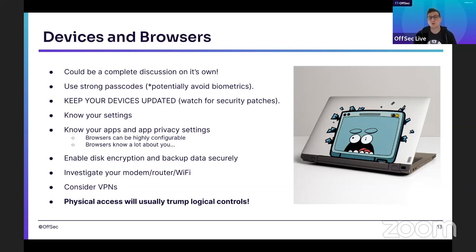Another one is you want to know your settings. These phones are incredibly complex now. There's pages and pages of settings. Sometimes it's worth just scrolling through and seeing what was added. What devices will share your privacy? What devices share your location, your microphone, have access to your photos? Some of these can default to a non-secure option, especially if it's a new feature.